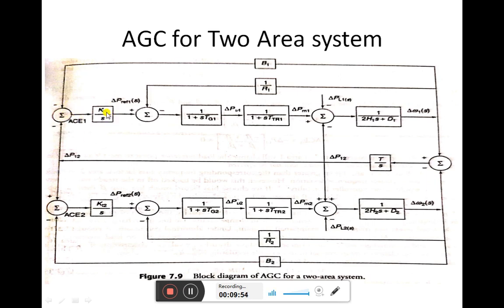It depends on this KI1 upon s, the input given to this reference. So ΔP reference depends upon the area control error and the power over the tie line. In the expanded form we can express this as equation number 7.64.